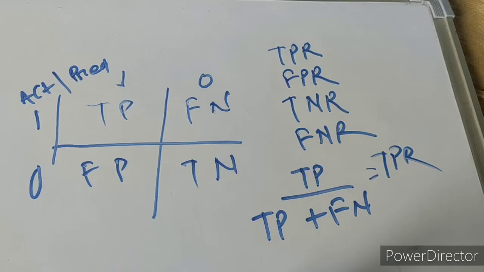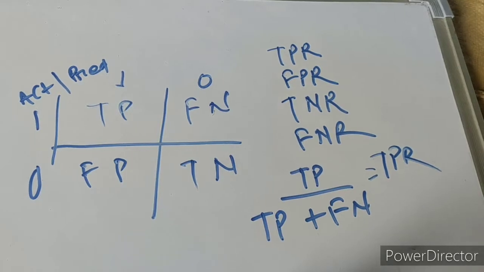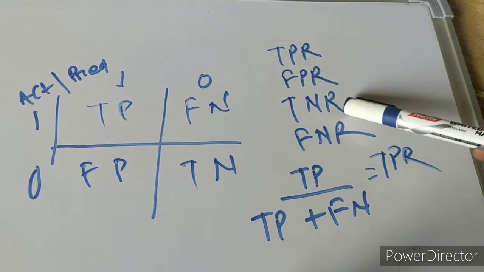But when we check, we find 50 fruits are considered as lemon, though actually there are 40 lemons. It means there are some 10 different fruits which are misclassified. So from the total amount of actual positive, we need to understand how many positives are actually classified. That is known as true positive rate. Like that we can understand these other concepts also.